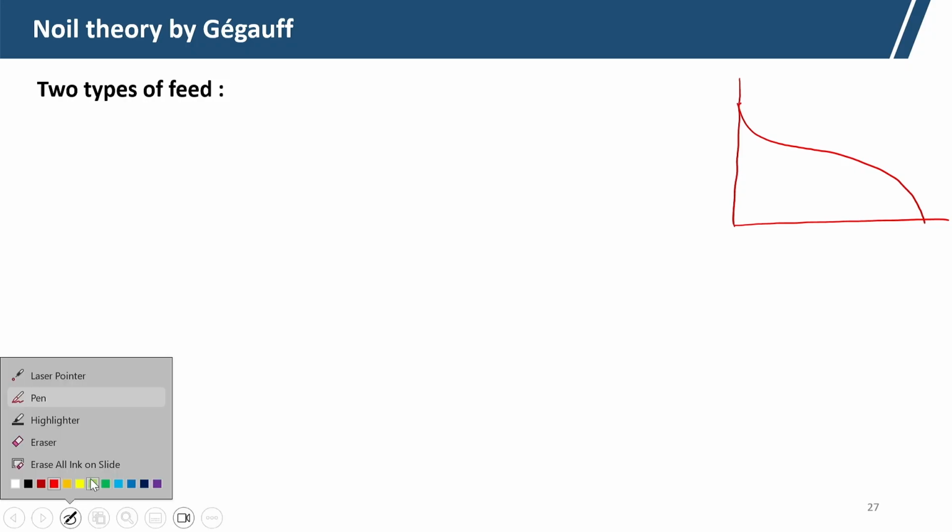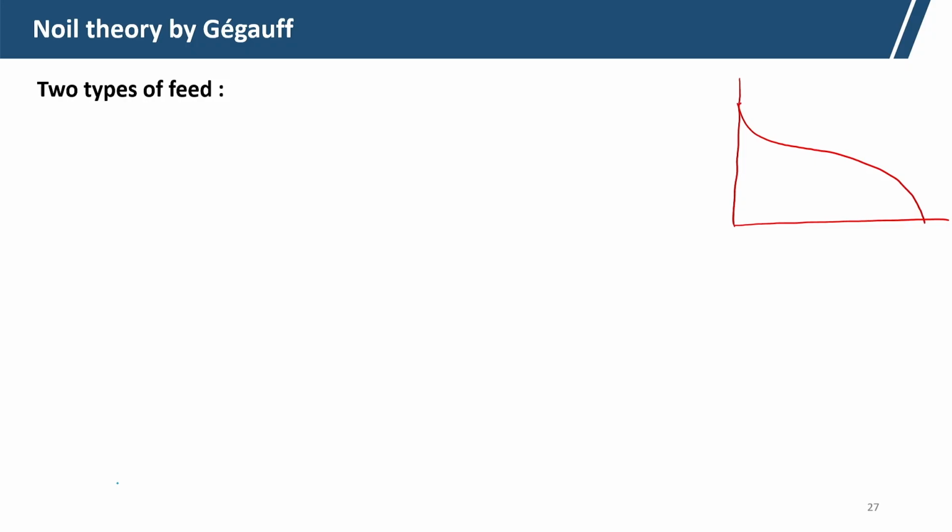Noil theory is proposed by Gegoff. According to that, typically we get a fiber diagram, this is the staple diagram, but in Gegoff's simplified theory it is assumed to be a triangular distribution.